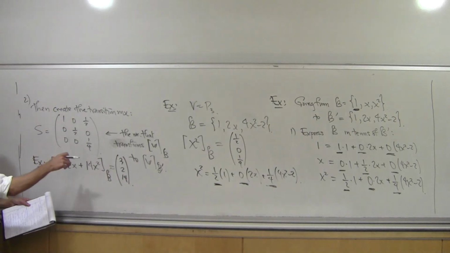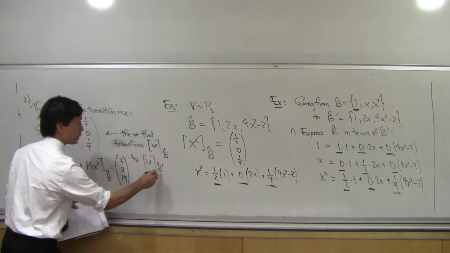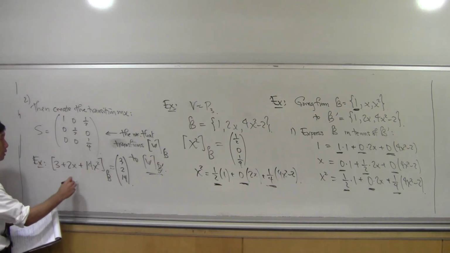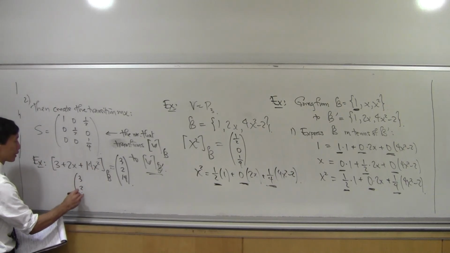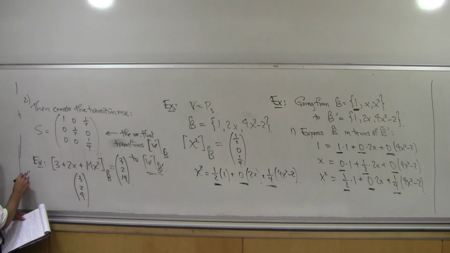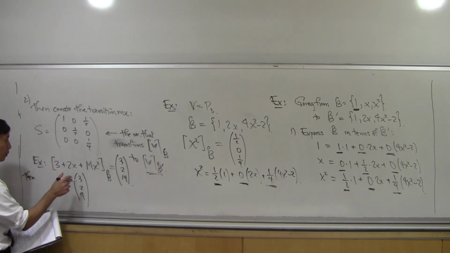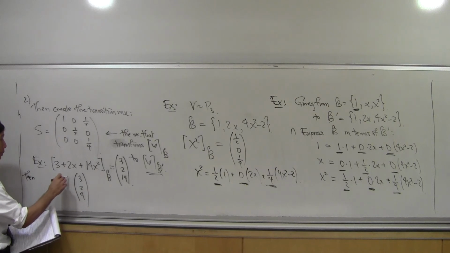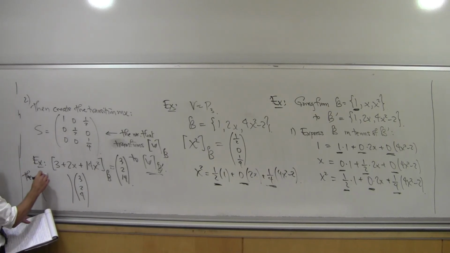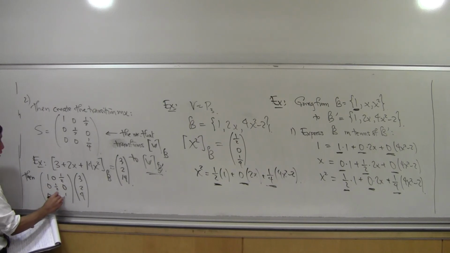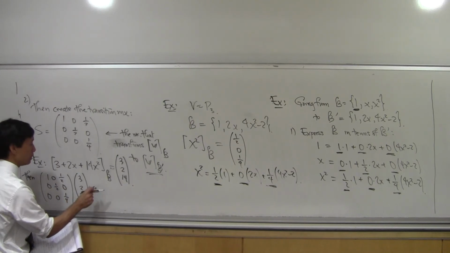And if we want the coordinate vector with respect to the B prime basis, we just take this transition matrix times this vector. This gives the coordinate vector with respect to the B prime basis.